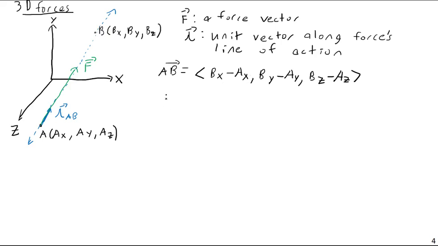Okay. So there's vector AB. The unit vector AB would be equal to, if we remember from our physics and from our calculus, how will we find a unit vector? What do you know about unit vectors?